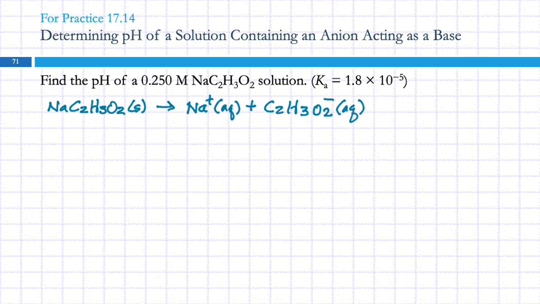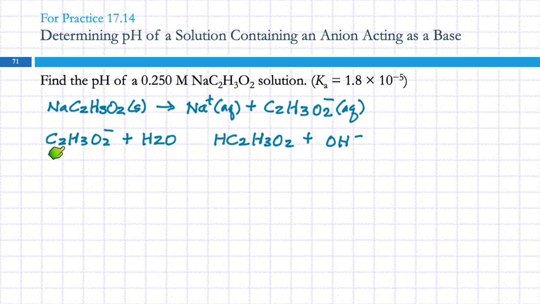Okay, so what is the anion that we're dealing with here? Well, it's this guy. So let's see, what does that guy do to act as a base? We take the anion, we add water, and that is going to take a hydrogen and leave hydroxide ion.